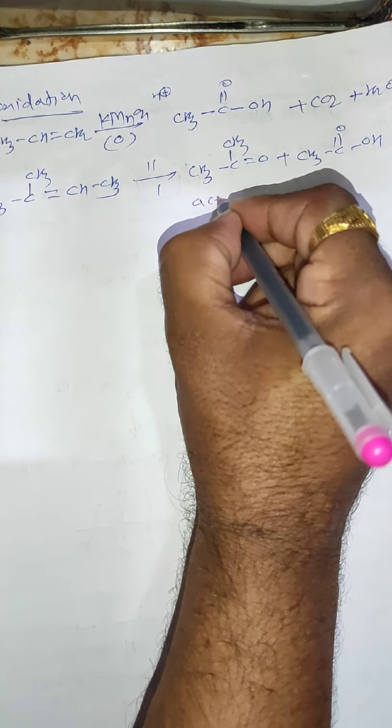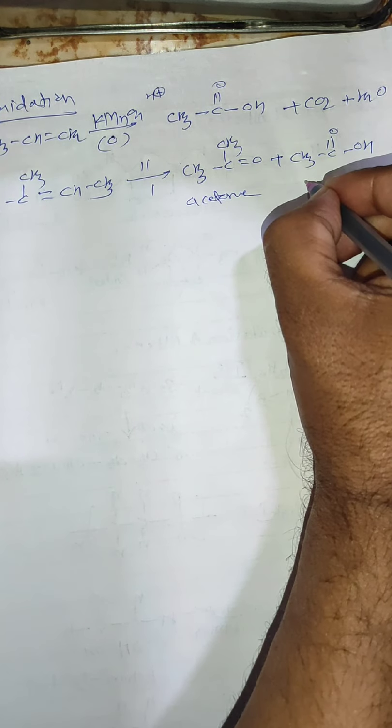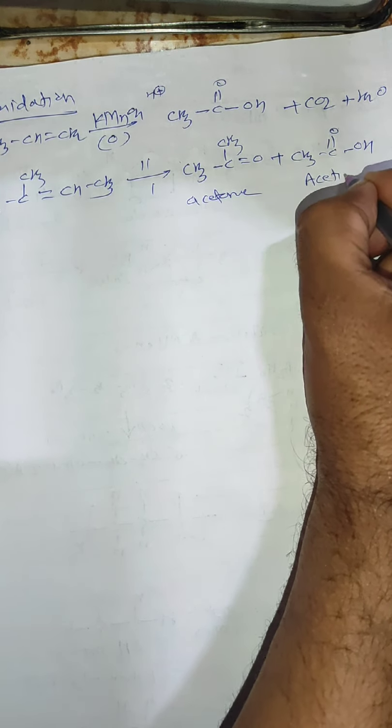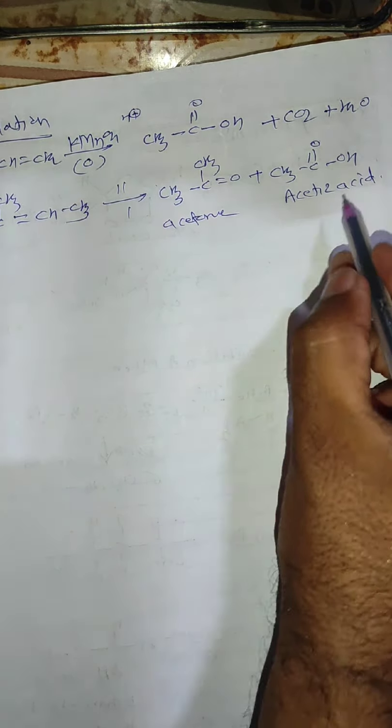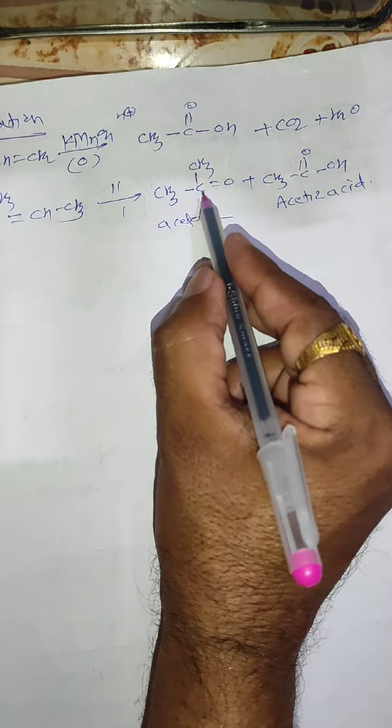One is acetone, also called propan-2-one, and the other is acetic acid, also called ethanoic acid.